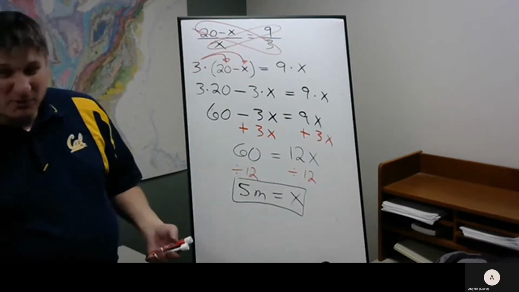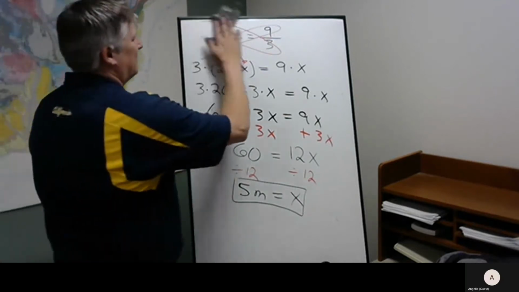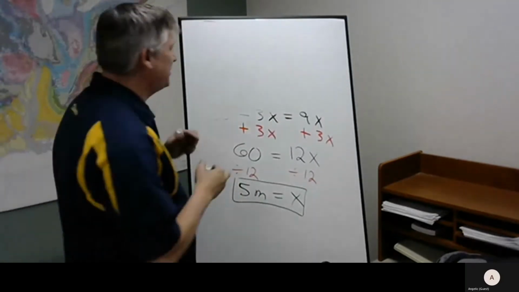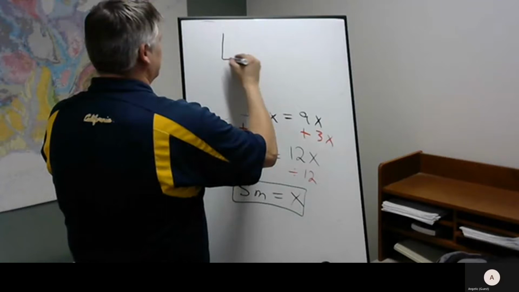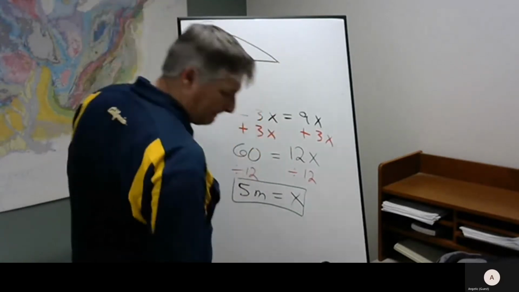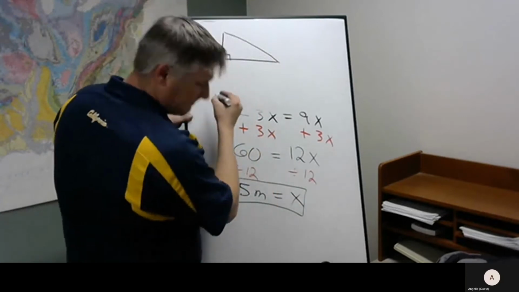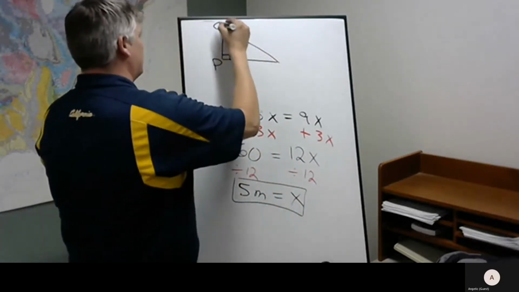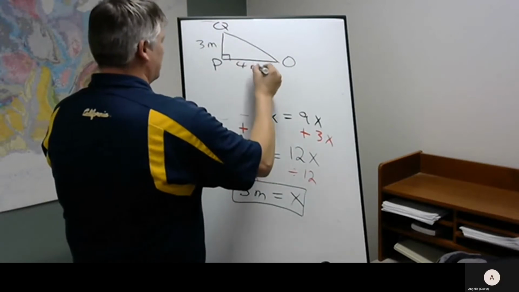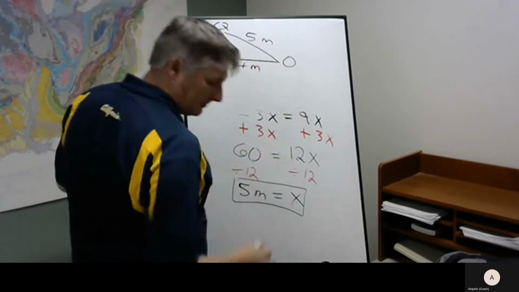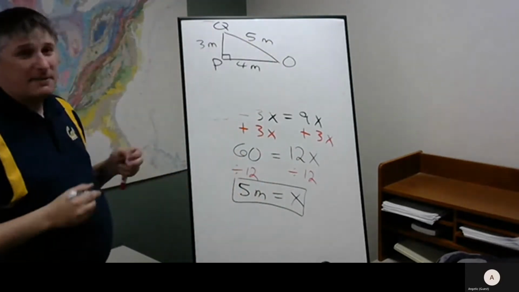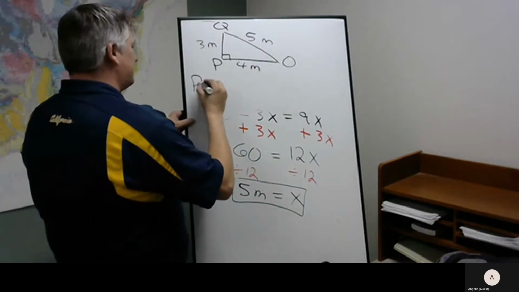So this isn't actually what they asked us to do. They wanted us to find the perimeter of this triangle. So looking at this little triangle, to find the perimeter, again, we just add the sides.